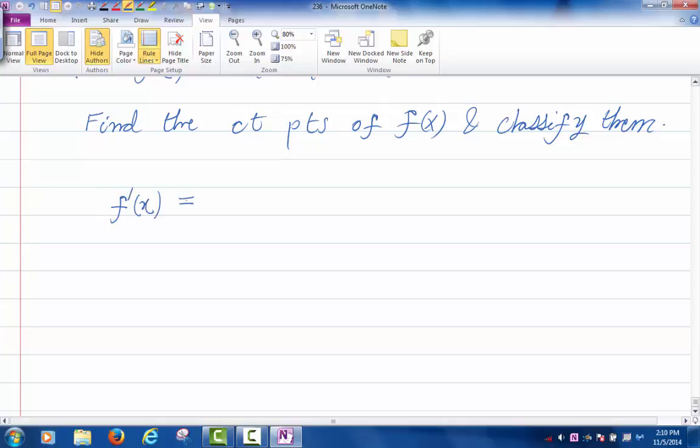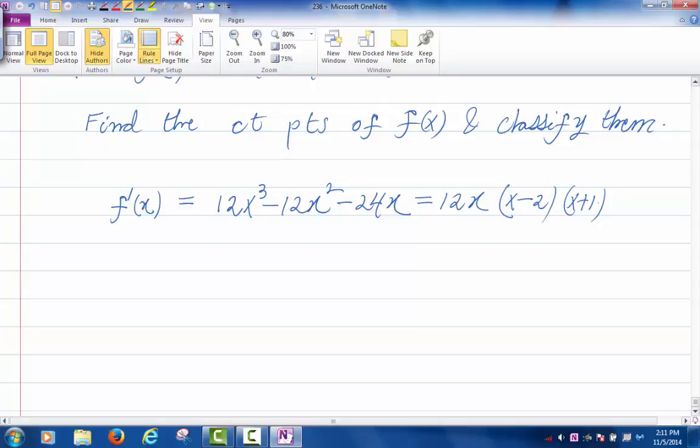And the derivative in this case, remember, was 12x cubed minus 12x squared minus 24x. And then we factored it out as 12x times x minus 2 times x plus 1, I think.